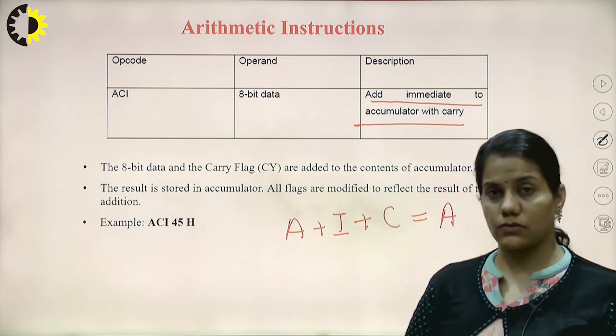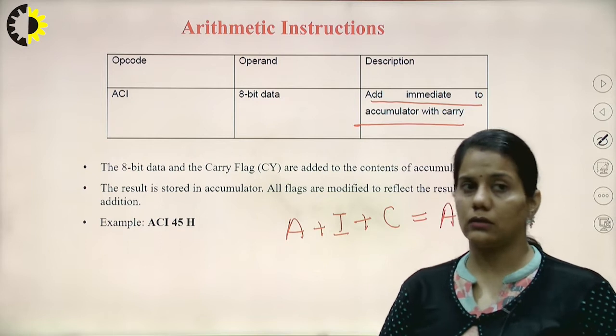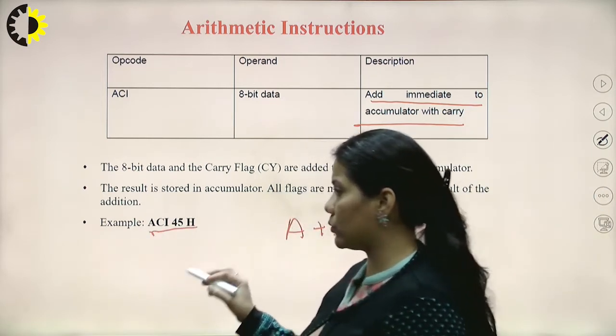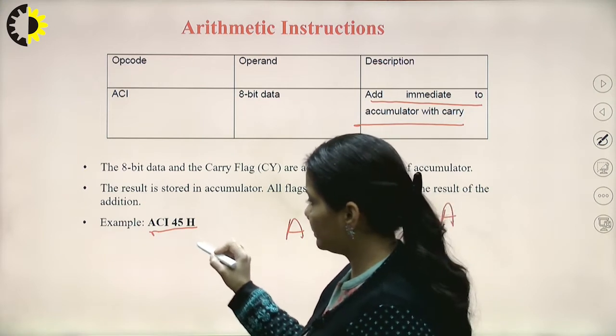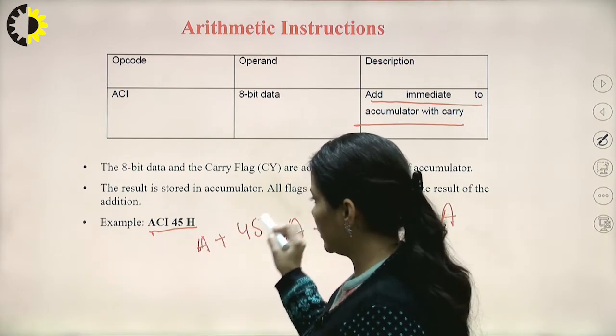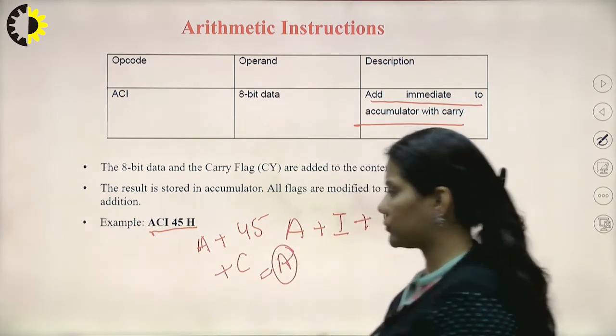In this way, this instruction will add the contents of accumulator with the immediate data and the carry also. Example, ACI 45H, what will it do? It will add accumulator plus 45 plus carry, and the result will be stored in accumulator.